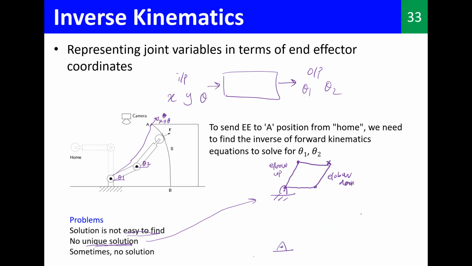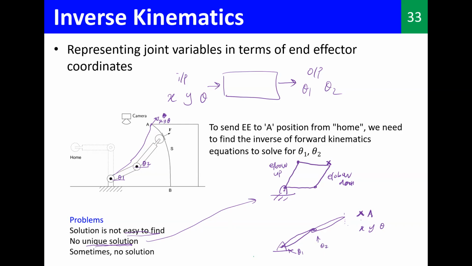So just imagine this is my target point where I want to make a hole, right? Now, if we even have our manipulator like this, maybe it cannot reach it, right? So if I give this x, y, and theta, my answers for theta 1 and theta 2, we can't find, right? So there's no solution. So there are many such problems regarding inverse kinematics.